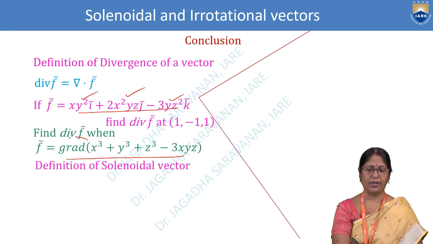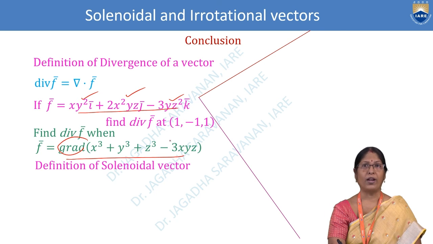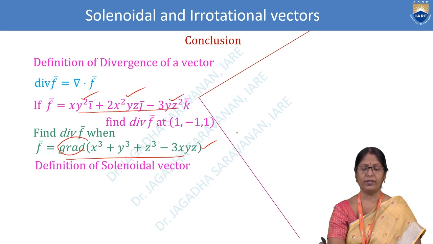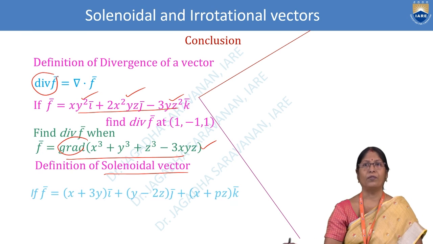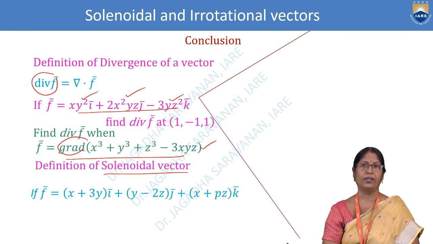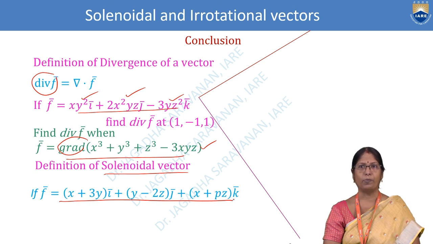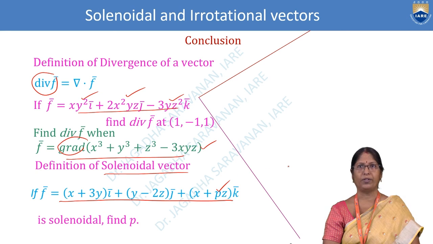So first we did grad and brought it to the format F1 i plus F2 j plus F3 k and solved it. And the definition of solenoidal is that if divergence f is equal to 0, then it satisfies the solenoidal vector condition. According to that, this problem was selected, and using that we got the p value.